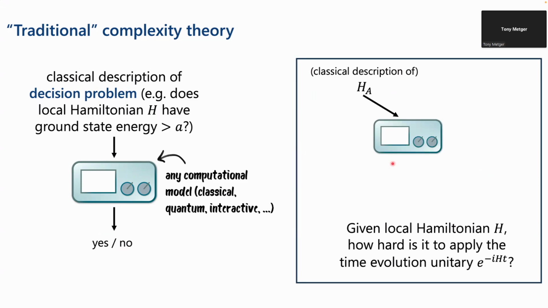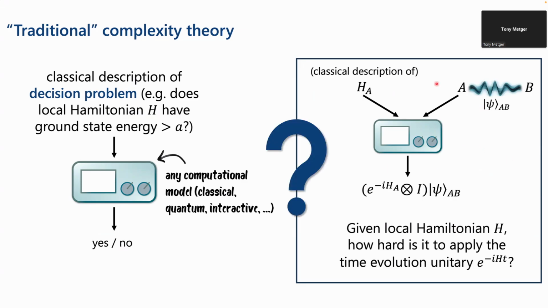I give maybe some description of a classical Hamiltonian, but now I also give a quantum system onto which I want to apply the Hamiltonian evolution, right? And then what I want out is, okay, it's in some state, maybe it's entangled. What I want out is the Hamiltonian applied to that quantum system. And it's really just not clear how to even pose the question of the complexity of this kind of operation in this kind of model.